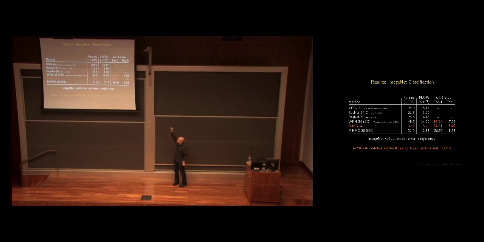Here we have fewer parameters, fewer floating point operations, same performance, same depth of network. So what it's showing is that the network is able to structure a computation in a way that exploits scale space knowledge to get the same performance for cheaper.